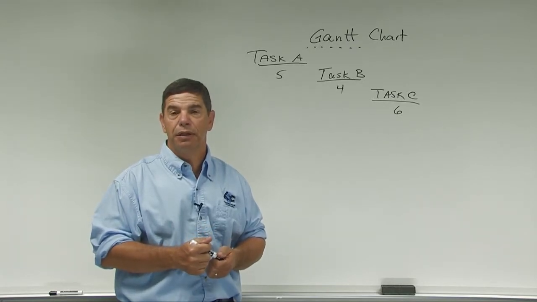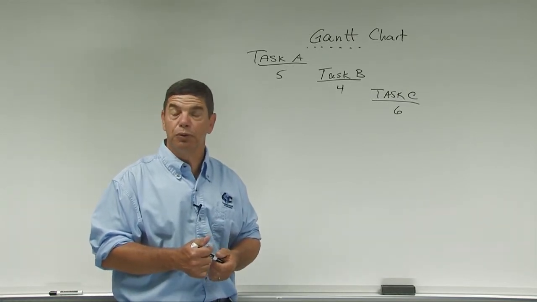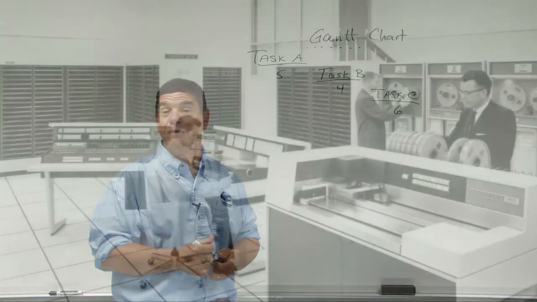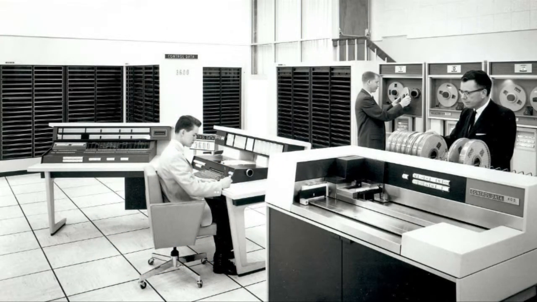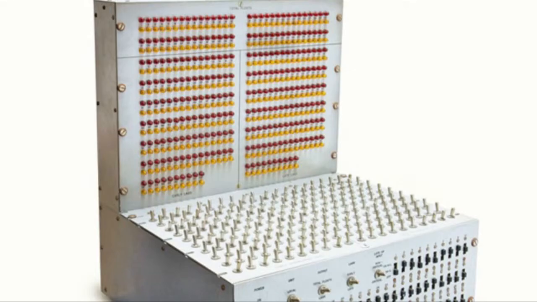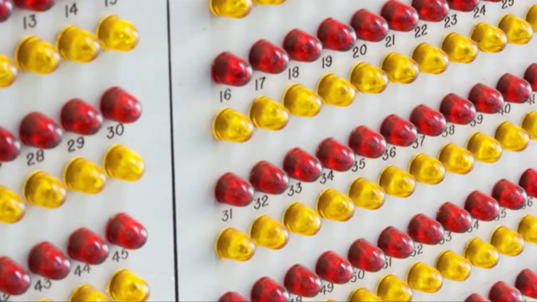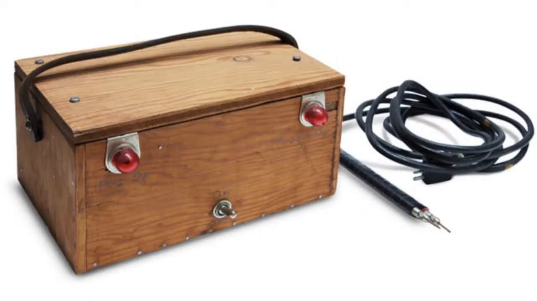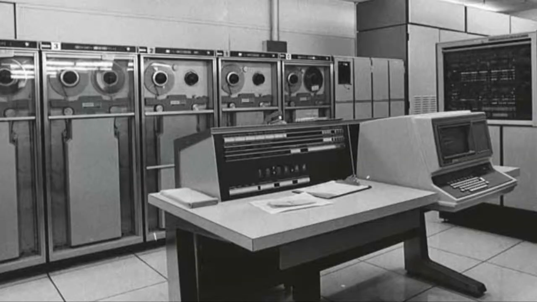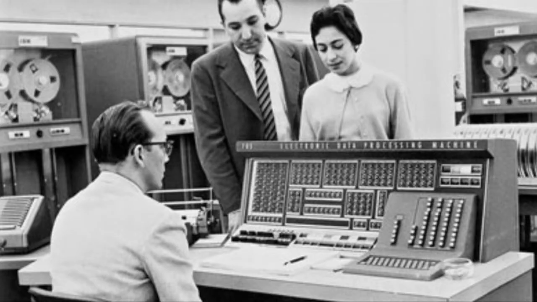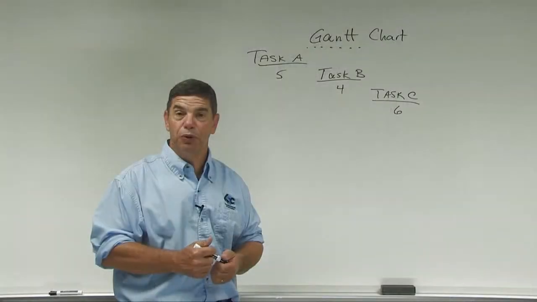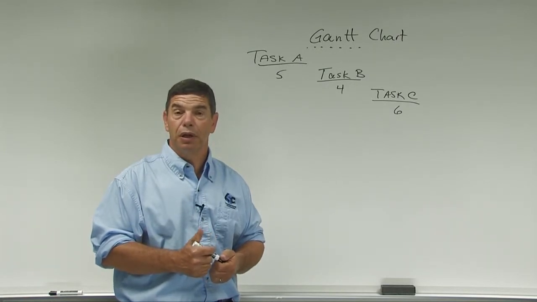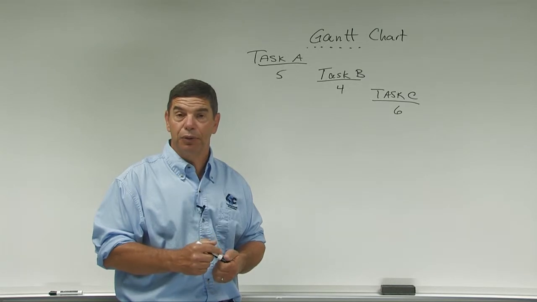Not much changed in the scheduling world from 1919 with Henry Gantt and the creation of bar charts until the 1950s and the introduction of CPM scheduling. In the 1950s, with new computers, old mainframes we call them, came DuPont, who scheduled a chemical plant in Kentucky using the old method and scheduled the same chemical plant using the new computers. At the end of the day, the success of the computerized scheduling showed that it was well worth using a different method of scheduling.